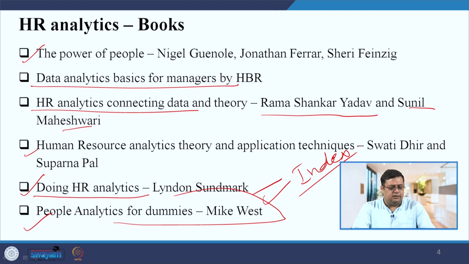These are the books that I have used for HR analytics. I hope you now have a basic understanding of which books you can refer to. If you are doing this course, you can take any one of the books and follow it as per your choice, whichever book you like, and read more to have an in-depth understanding of HR analytics. Thank you.